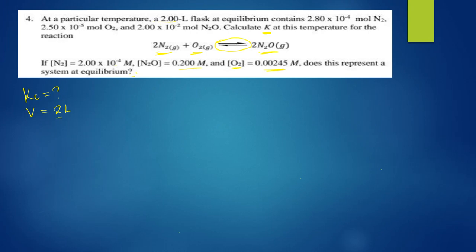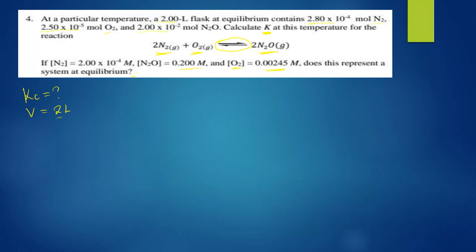The moles for nitrogen, oxygen, and nitrogen oxide have all been given, so we will divide these moles by the volume.